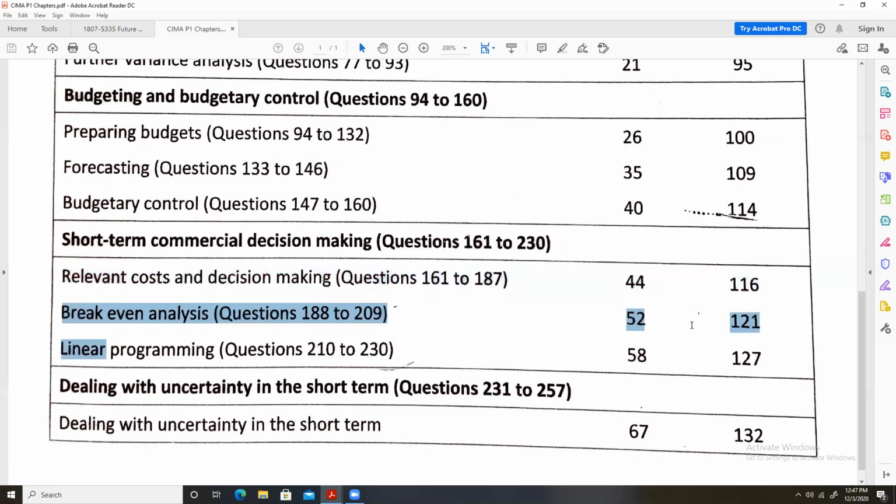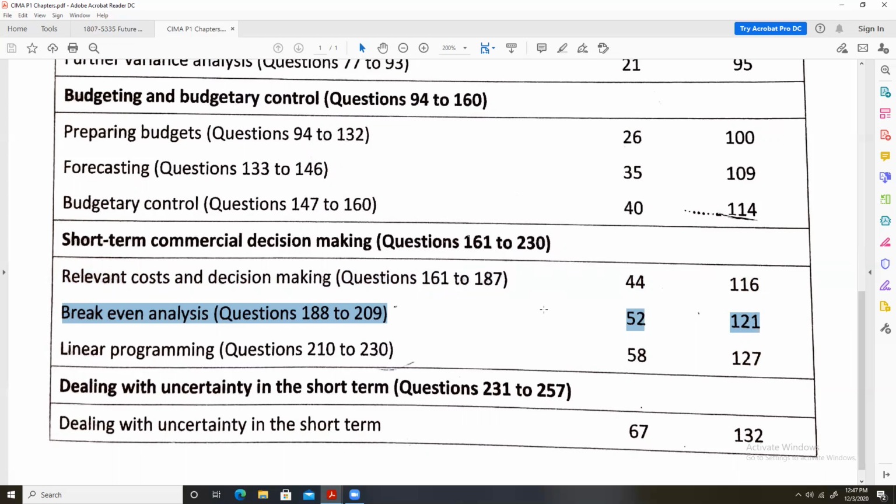Break even analysis, now this one area actually tests your mathematical skills. Because if you are good at maths, you can solve many break even analysis questions using your understanding of the mathematical equations.